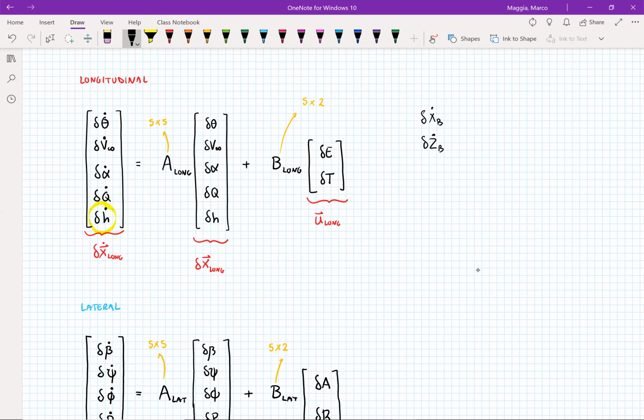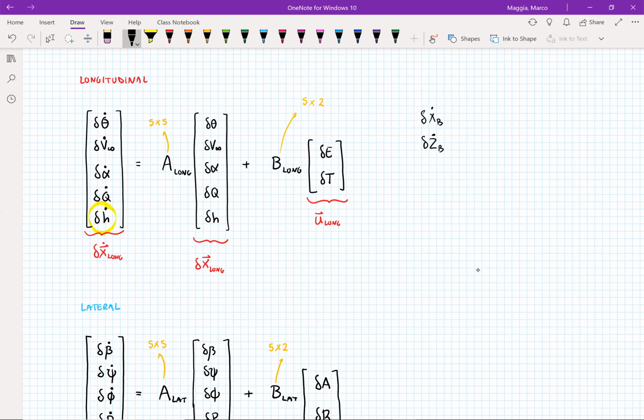And the reason is that here we're considering the reference trajectory to be a trimmed level cruise flight. And all we really imposed is the fact that the plane has to go at a constant airspeed at a constant altitude. So we haven't really specified anything when it comes to the trajectory of the airplane.